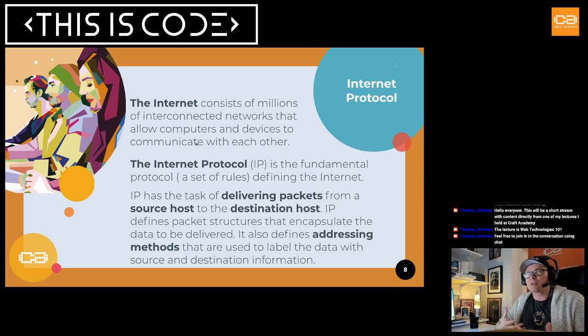And the internet consists of millions of interconnected machines or sub-networks that allow computers and various other devices to communicate with each other. And the internet protocol, the IP as we refer to it, is the fundamental protocol. And a protocol is basically a set of rules that defines the internet.